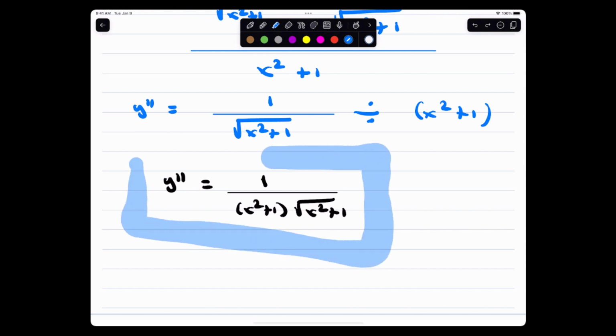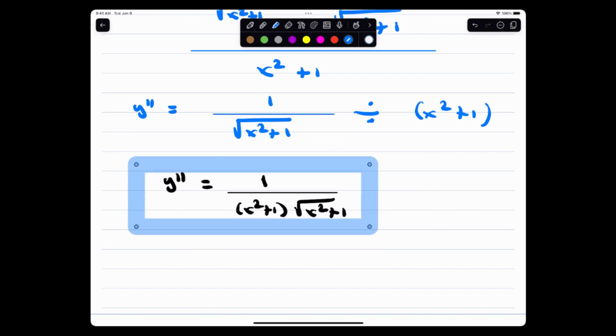You can leave it like that. Double check. And I know that's going to be 3 halves. If you said, can I leave that as 3 halves? You can, but this is what it is as well. Okay, you guys okay with that?